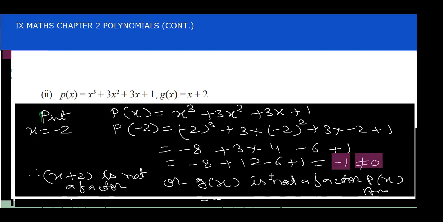That is why this is not a factor. That's all. और इस मेथड को कहते हैं finding the zero using factor theorem. Next part.